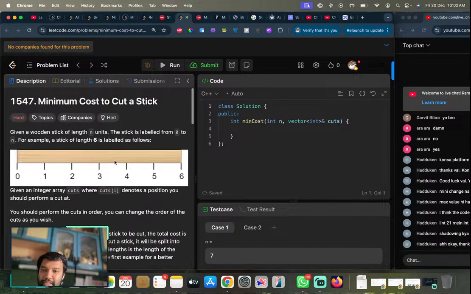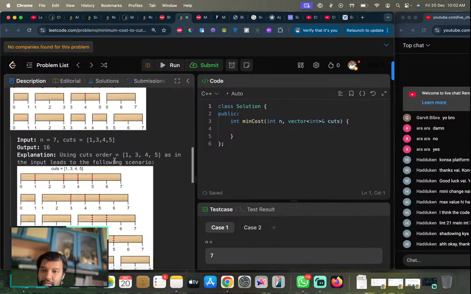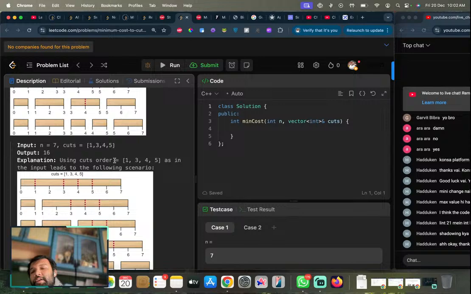So it's a similar partition problem. When i is equal to 0 and j is equal to 0, when i and j are equal, then at that point we return 0, and we run a loop.